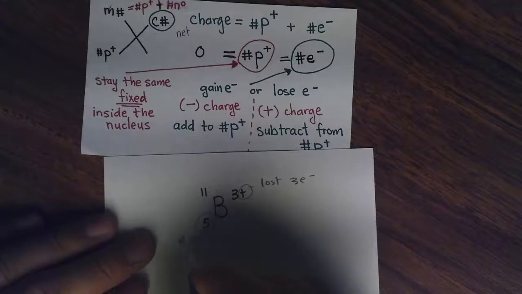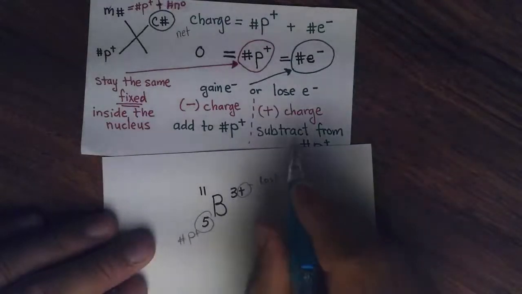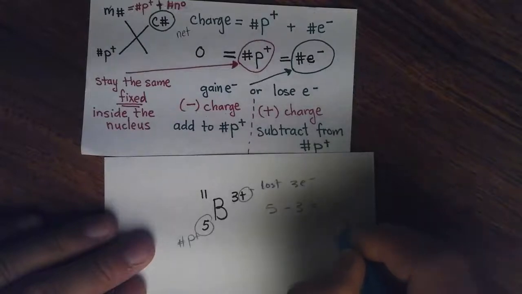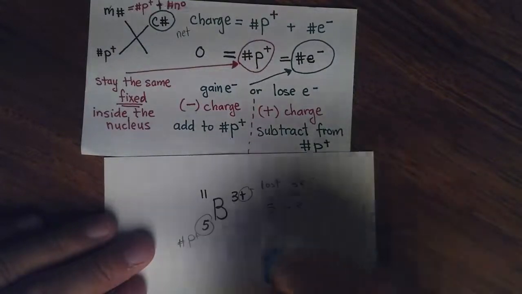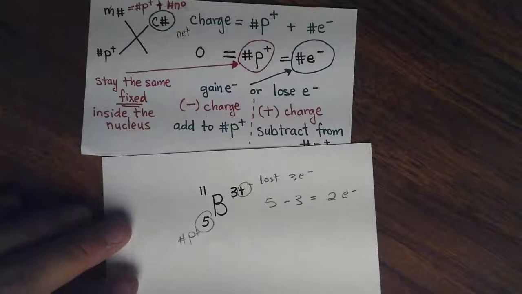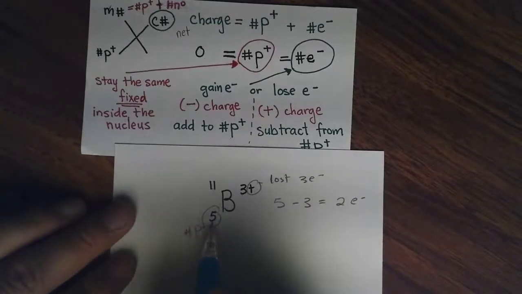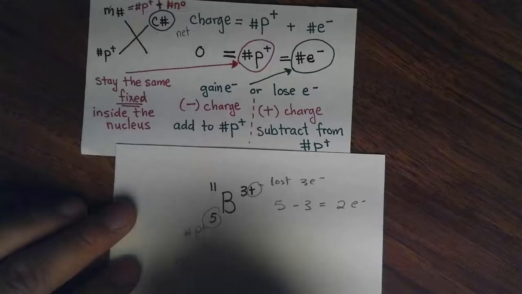That's the number of protons. So in this case, we subtract from the protons, which is 5 minus 3, giving us 2 electrons in this atom, or specifically ion. And for the number of neutrons, you take the mass number minus the number of protons, giving us 11 minus 5, which gives us 6 neutrons.